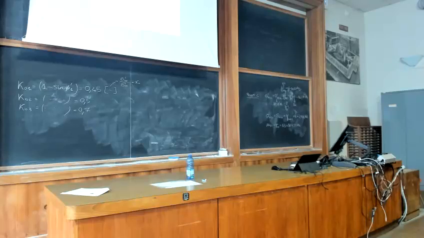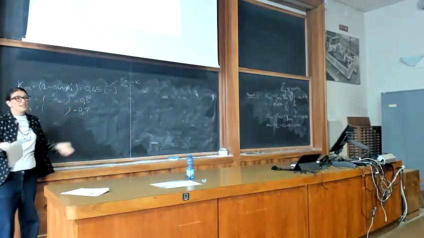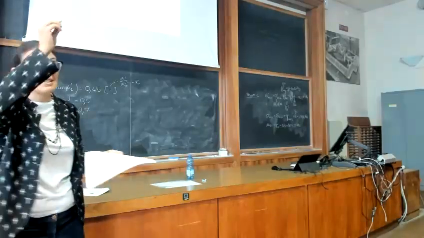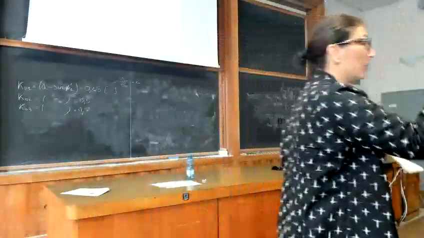Do you remember that when we have an interface between different layers, we have a discontinuity? Why? Because K naught has different values. K naught changes. So you cannot have a continuous linear profile of horizontal stresses, but you have something which is discontinuous.